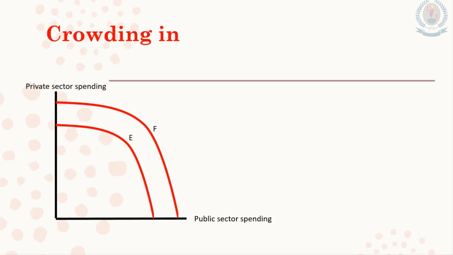So with the spending done by the public sector, the potential of both the sectors has increased. That is what we call crowding in. Here we are not sacrificing, instead both the sectors are experiencing an increase in potential.